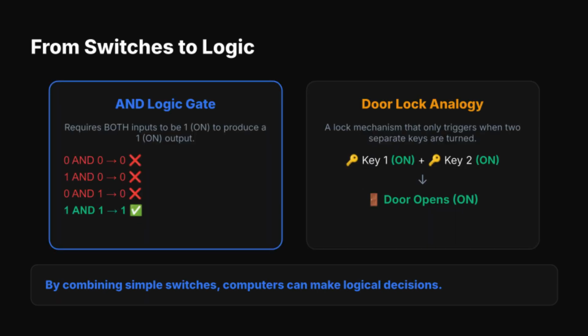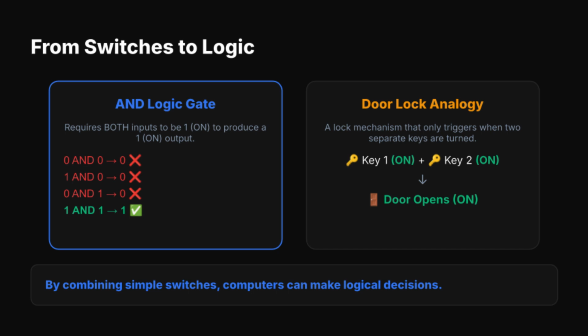So far, we have seen that a transistor can be only on or off. But how do billions of these switches actually solve problems? They do it by working together to form logic gates. Take the AND gate as an example. As you can see, it produces an output of 1 when both the inputs are 1. If either input is 0, the output is 0. A simple way to think about this is a door with two keys.